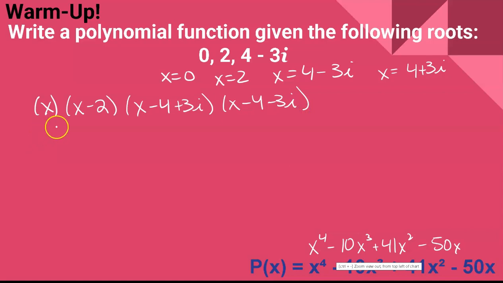All right, I'm going to do these first two together. X times x minus 2 is going to give me x squared minus 2x. These two, I'm going to do a little chart over here. X minus 4 minus 3i, and then x minus 4 plus 3i.